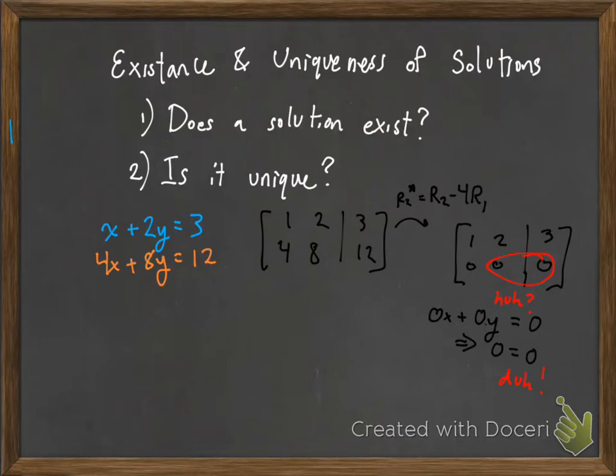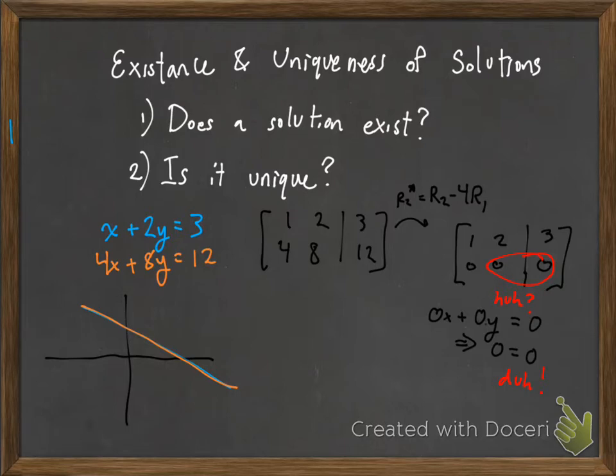What that's basically done is we have gotten rid of a constraint to our system, and we have added another degree of freedom back in. So if I graph this, x plus 2y equals 3, I can plot the line like so, and then plotting 4x plus 8y equals 12, it's basically the same line. They're both overlaid on top of each other. They're just different ways of writing the same thing.